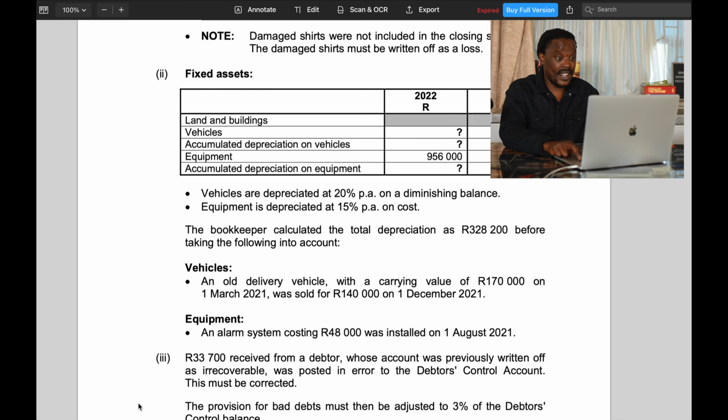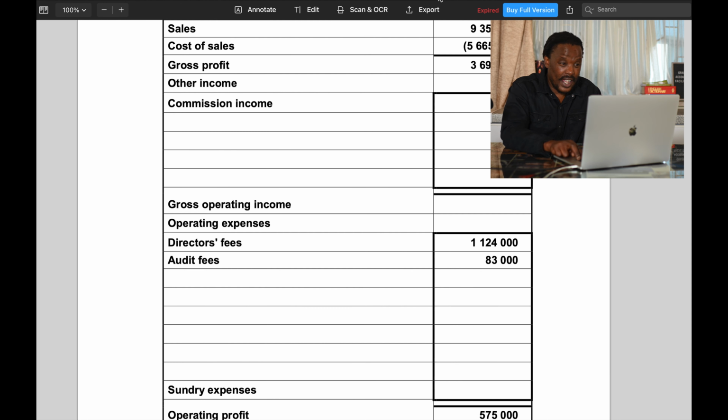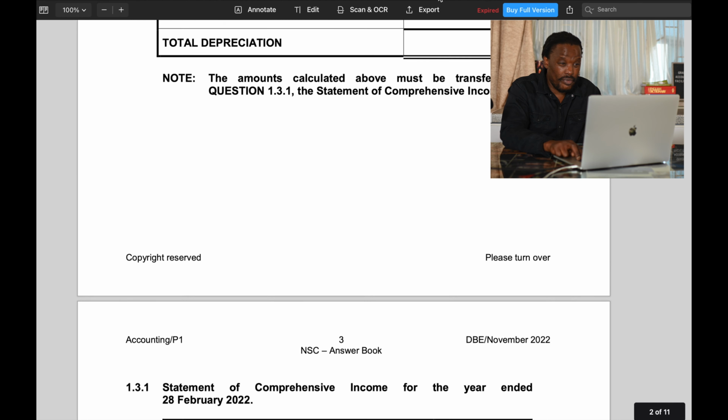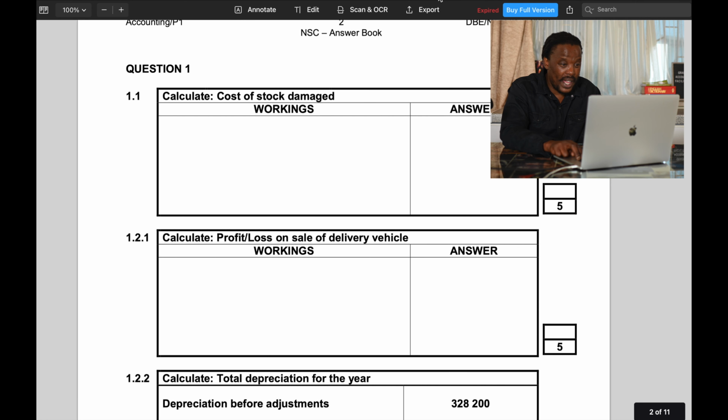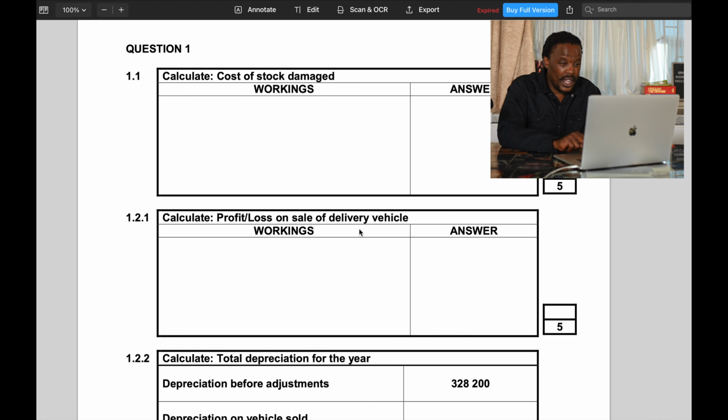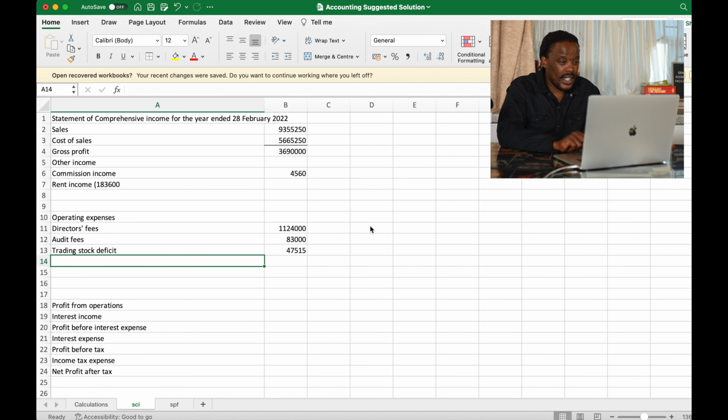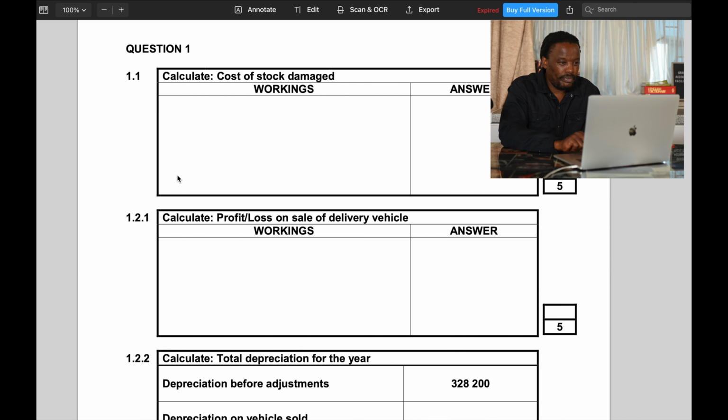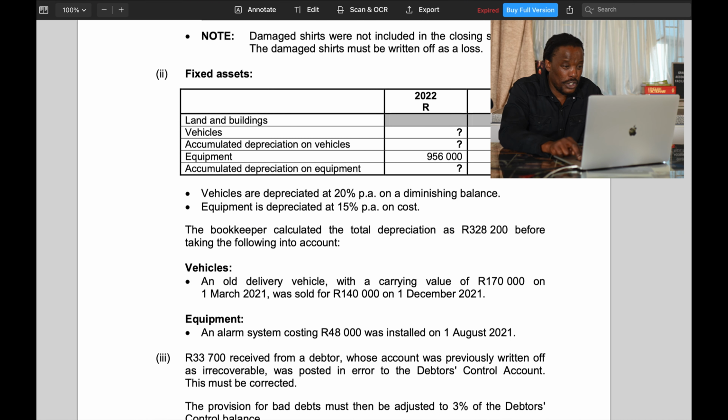Fixed assets. And remember, on that given answer sheet, there is the open space where they say calculate profit on sale of delivery vehicle. So we are now answering this question 2. Let's quickly answer this question 2.